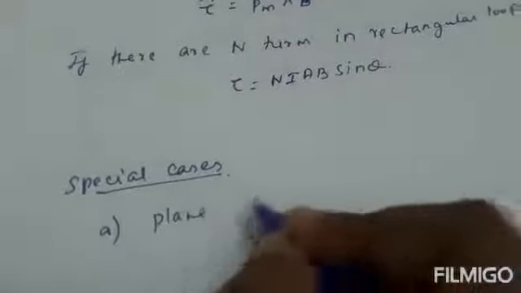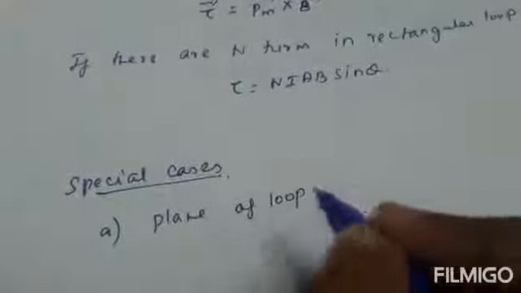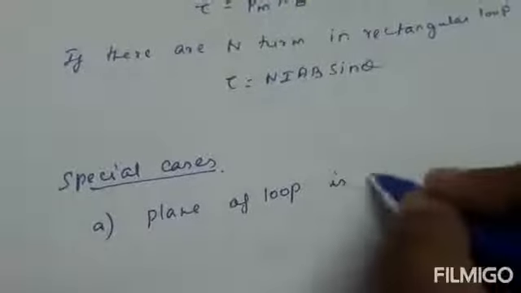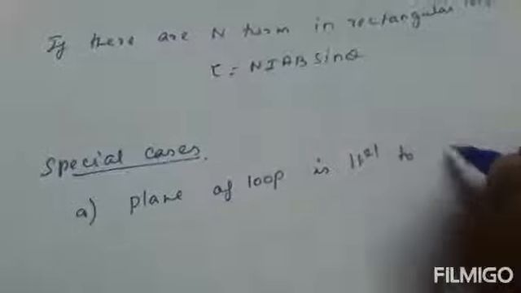The first case is when the plane of the loop is parallel to the magnetic field.